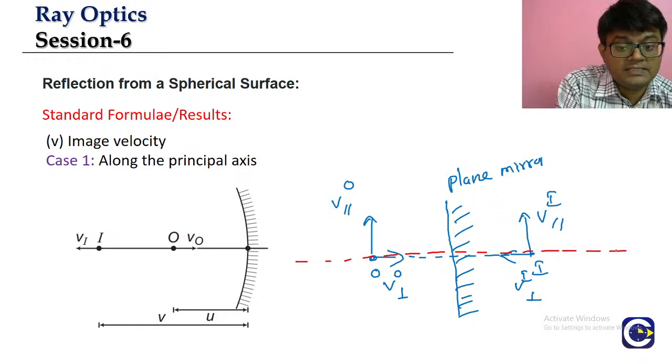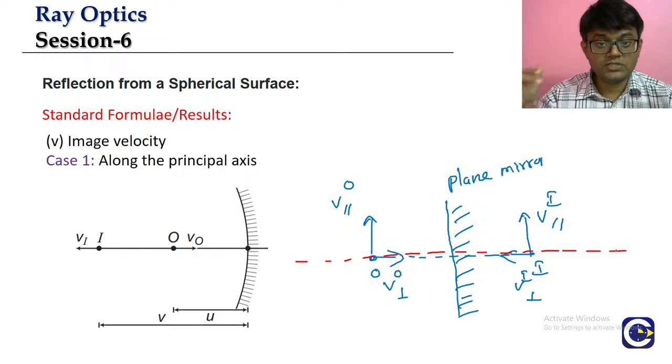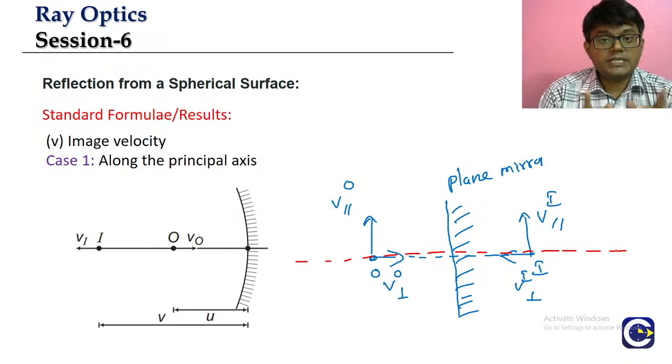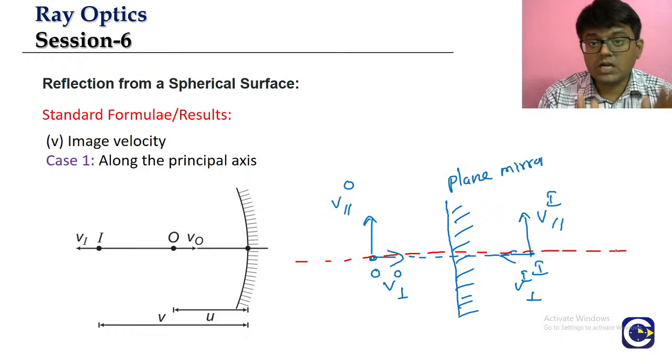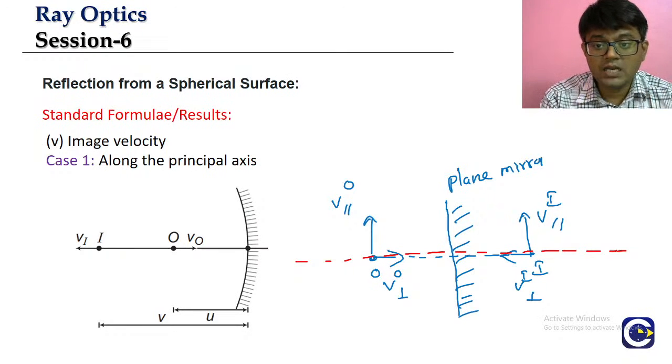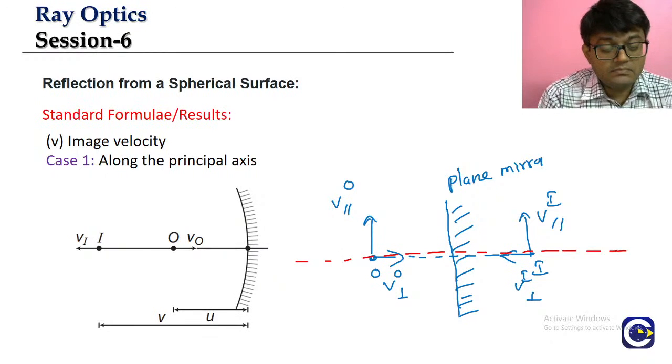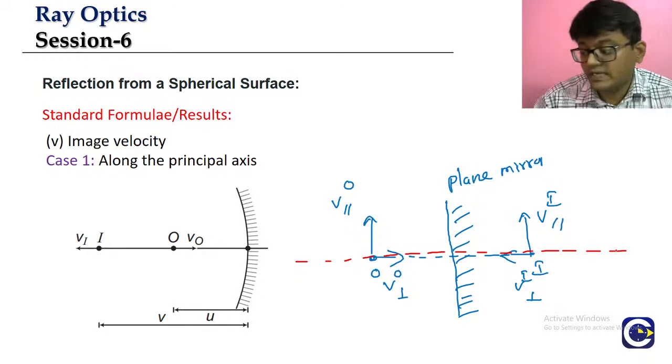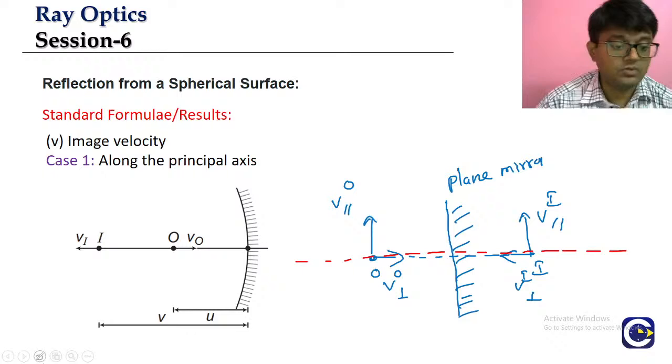There the components of velocity of the image and object will be equal in magnitude but opposite in direction. But what about the parallel components of velocity? You take the velocity component parallel to the mirror, then both the components will be what? Same. We have derived these things, but you need to at least remember the final result. Then, if a question comes on that, we will be able to answer it.